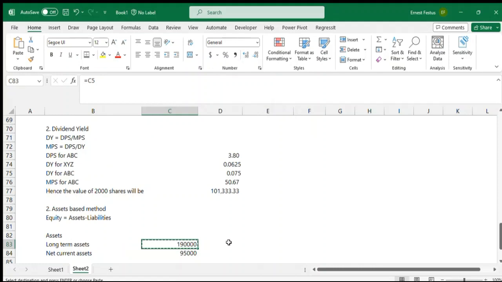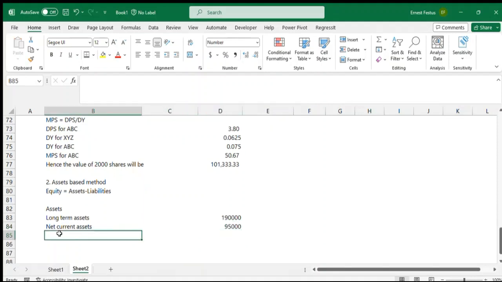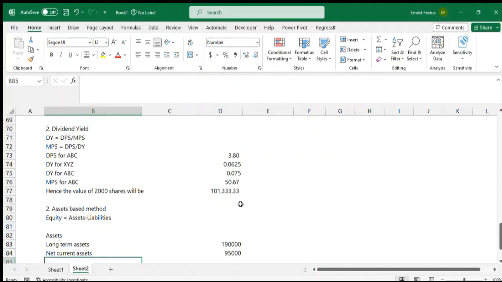However, I want them to be here, so I'll cut this and paste. Okay, great. So we have that, and in our question, we are told something about the land.